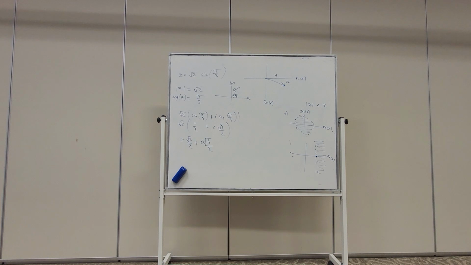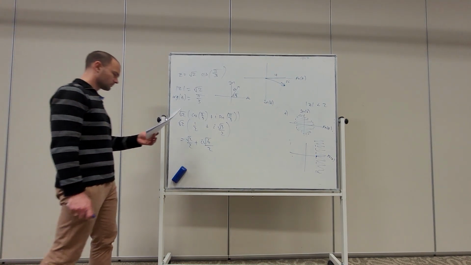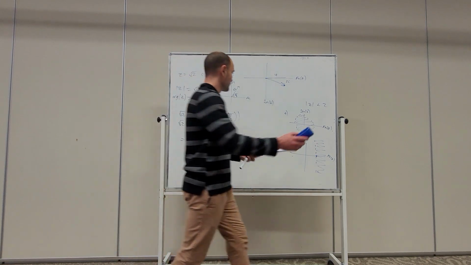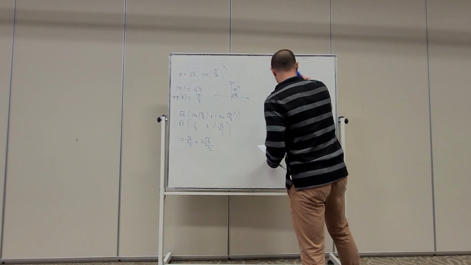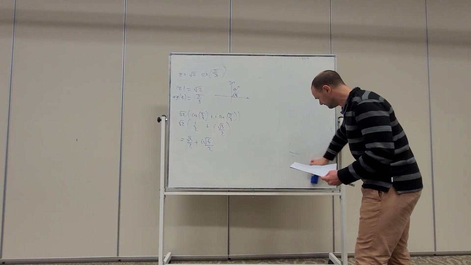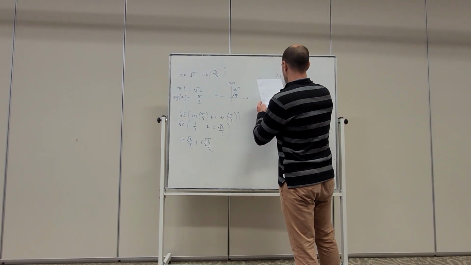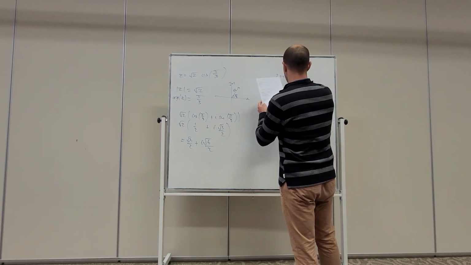Alright, and so there I've just multiplied the root 2 into the root 3. Now let's apply some skills with polar form, because it's particularly useful for multiplying and dividing complex numbers.